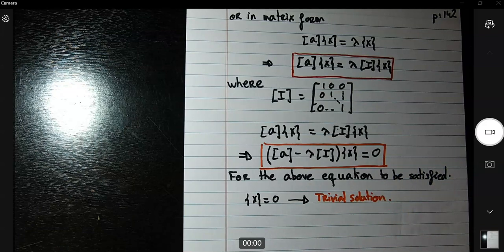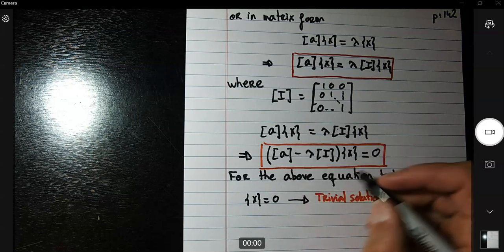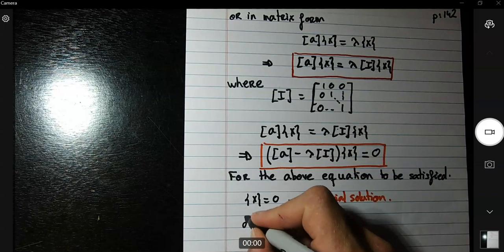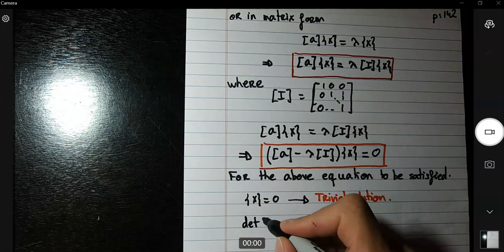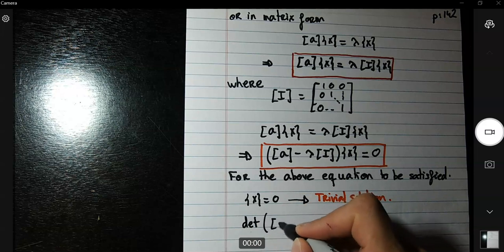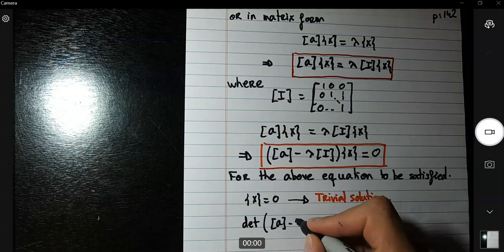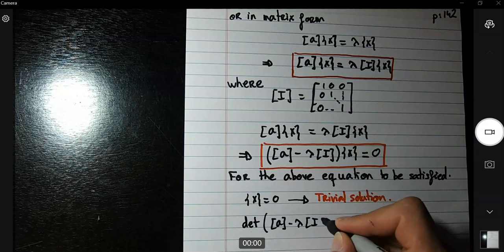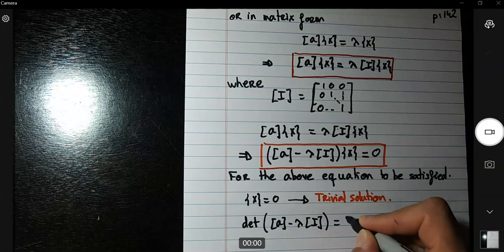The other solution is that this term over here is equal to 0. For that to happen, you need to have that the determinant of A minus lambda times the identity matrix be equal to 0.